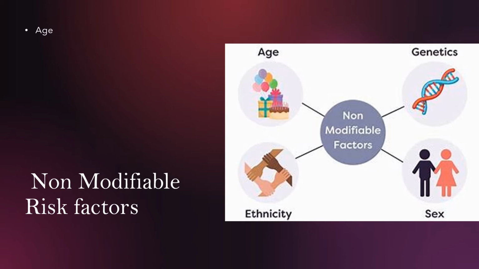With the non-modifiable risk factors, these are the risk factors that a person cannot change or adjust in any way. The first one we know is age. A person's age keeps going higher; everybody keeps increasing in age and it doesn't decrease. Genetics cannot be modified in any way.